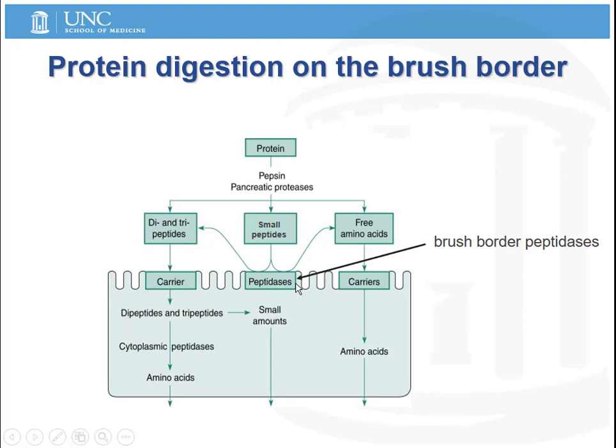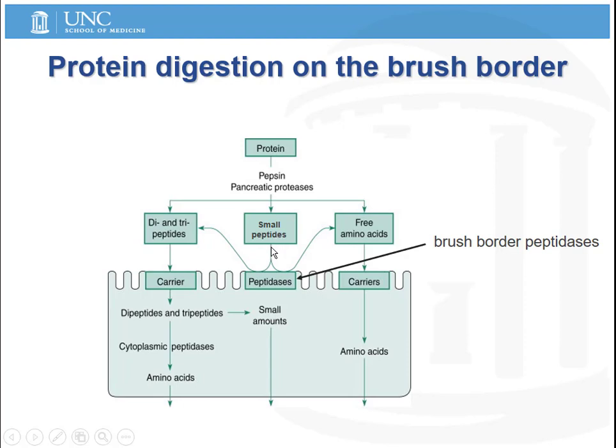So each of these peptidases recognizes a limited number of peptide bonds, and that's why it's important to have many different peptidases present to ensure the complete breakdown of peptides in the intestinal lumen. These brush border peptidases are what complete protein digestion of these small peptides, which are what are primarily present at this point, into the absorbable components.